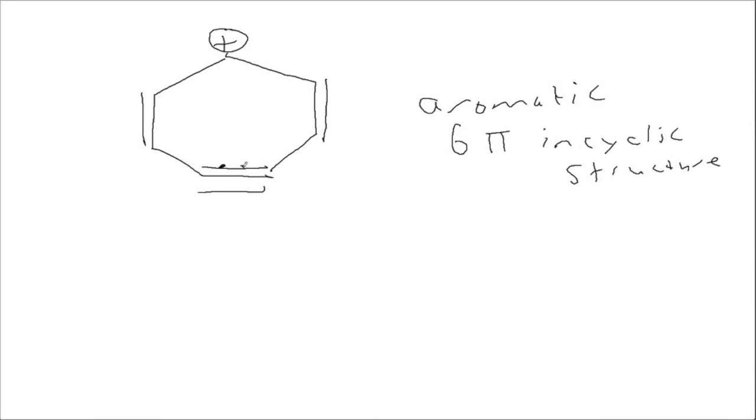So can we count both of these pi bonds as pi electrons? No, just one. Yeah, they're both pi electrons, but only one of them is in the cyclic structure. How do we know? Well, we just memorized you can only contribute one set of electrons to the cyclic structure. So if this is in the cyclic structure, this wouldn't be. So that would give us 6 overall. Okay, good. It looks like you got that.